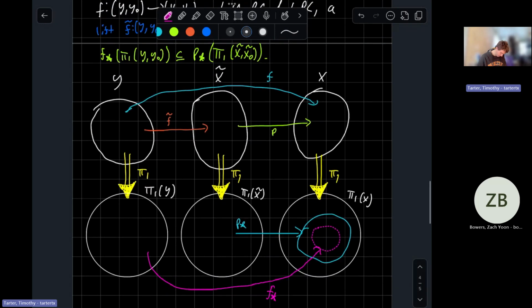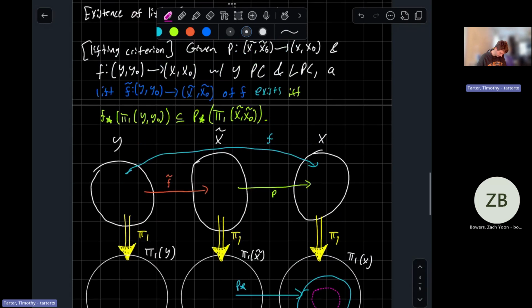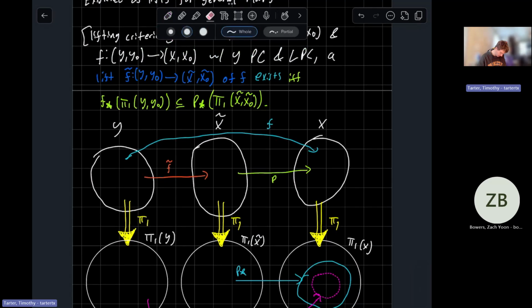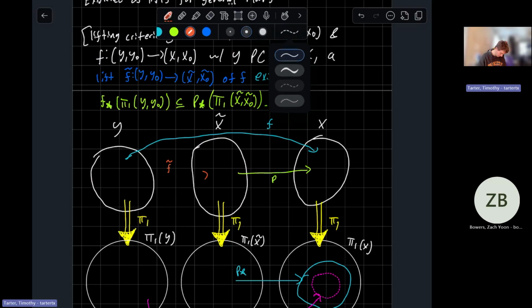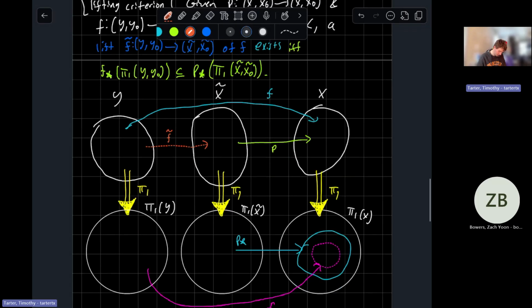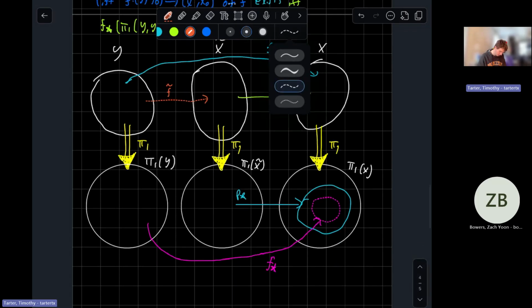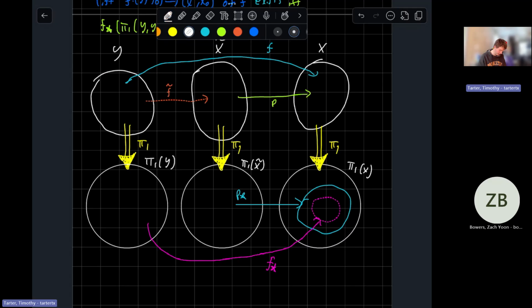Okay. And since the existence of this thing is debatable, I'm going to put it like that. Okay, does this diagram make sense?